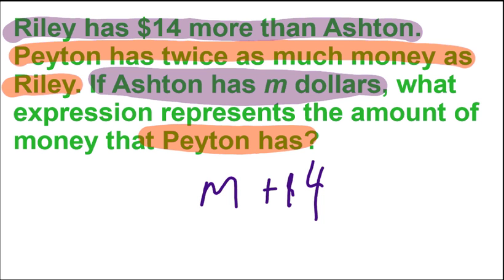That is Riley's amount, and Peyton has twice that. So that's a problem that would use some parentheses. All right, that makes sense? Just think through these step by step as they get a little more complicated. You don't have to do the whole thing at once, all right?